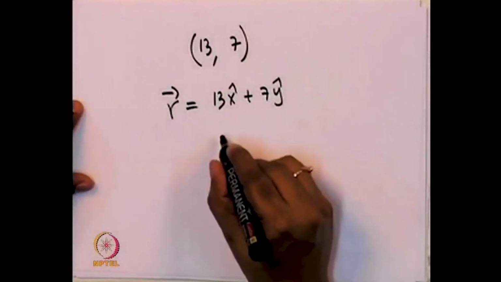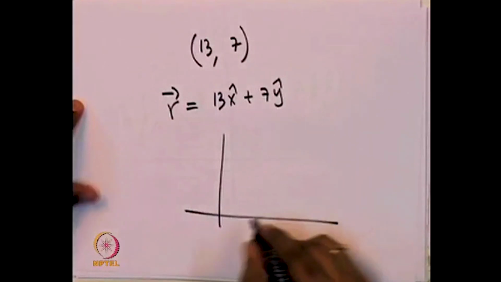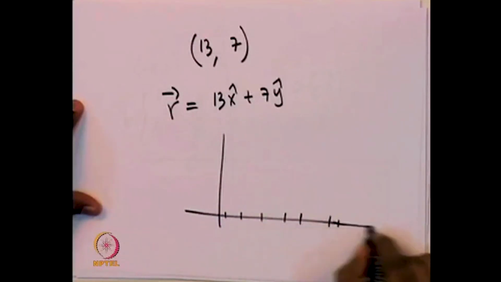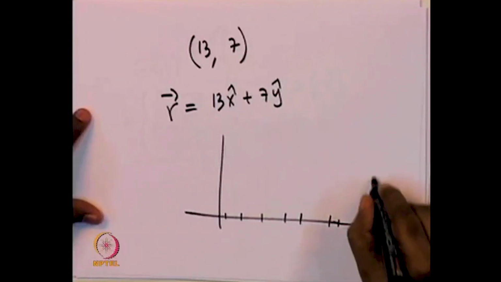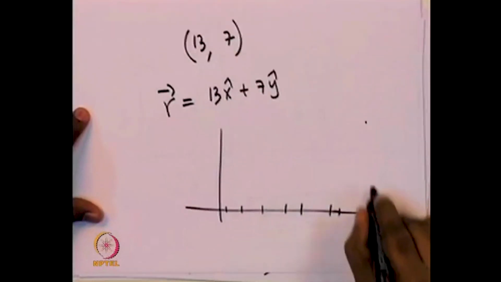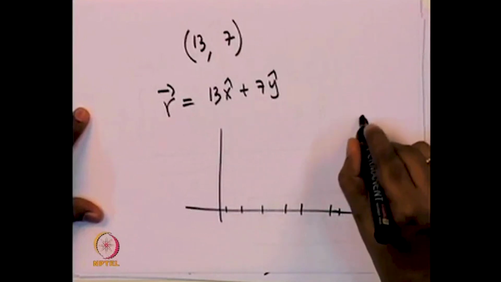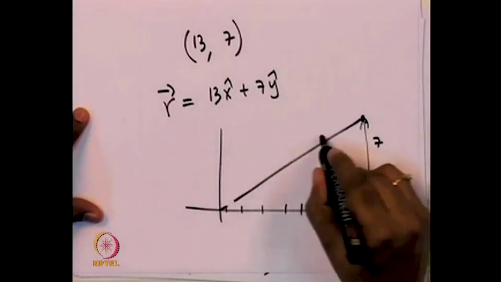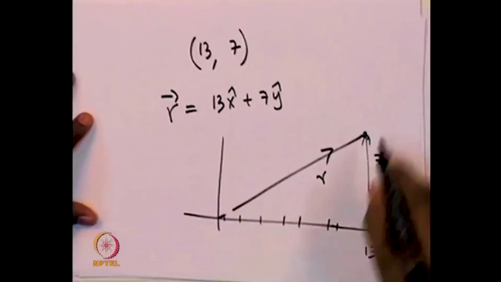What does it mean? That means that you have to go 13 units along the x axis, so you reach here, 13 units, and 7 units along the y axis. So, you get this vector r which is 13 x plus 7 y.